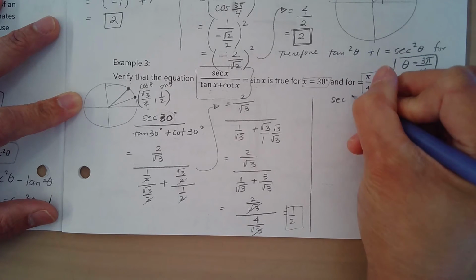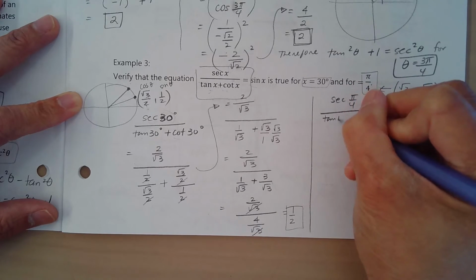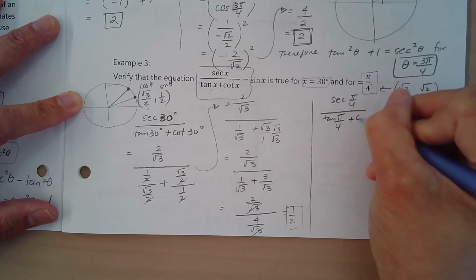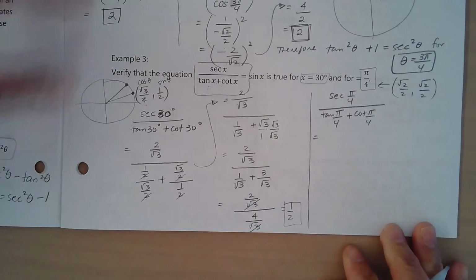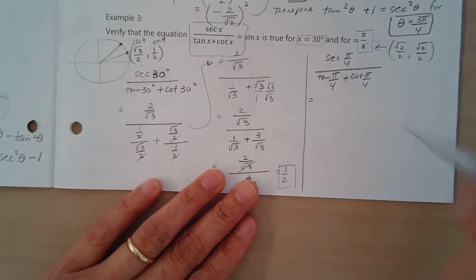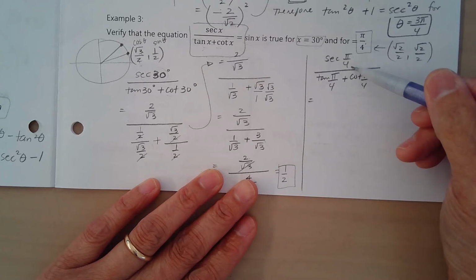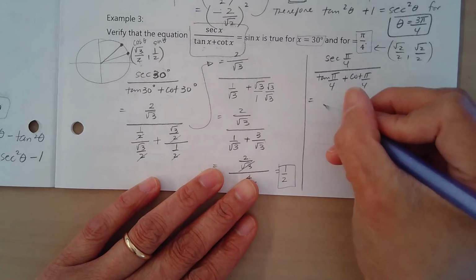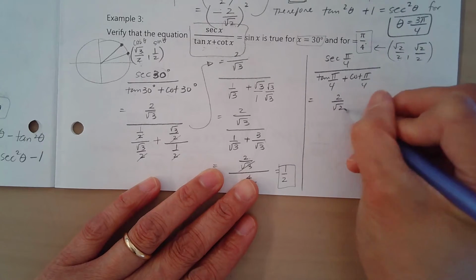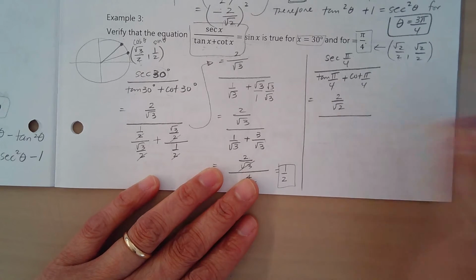Okay, secant of pi by 4 over tan of pi by 4 plus cotangent of pi by 4. Okay. Let's see, what's the secant of pi by 4? It's the reciprocal of cosine. So if it's the cosine, we're going to take the reciprocal of that, which is 2 over root of 2, divided by tan of pi over 4.